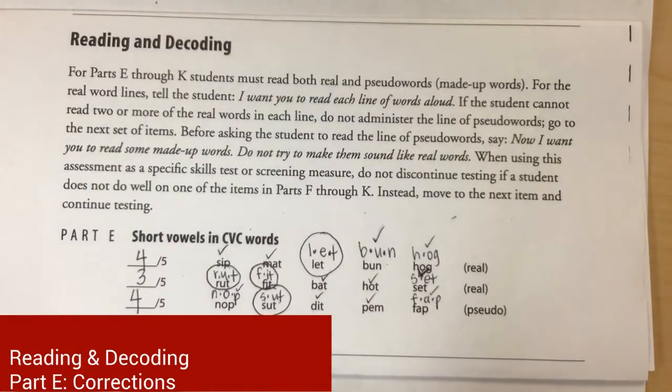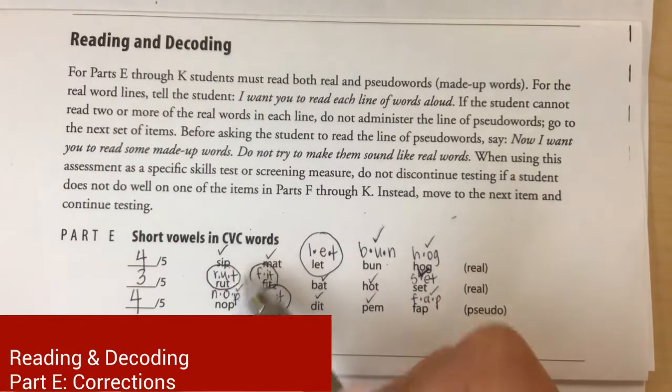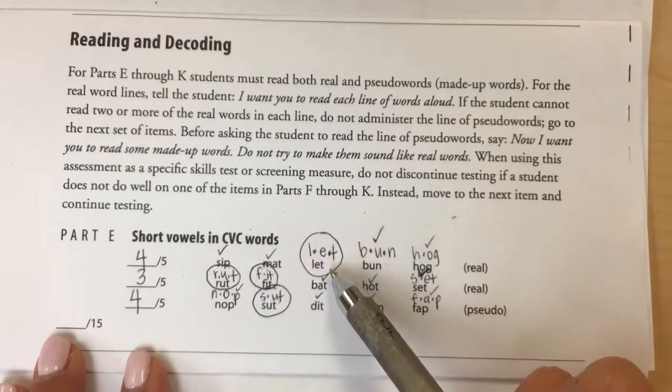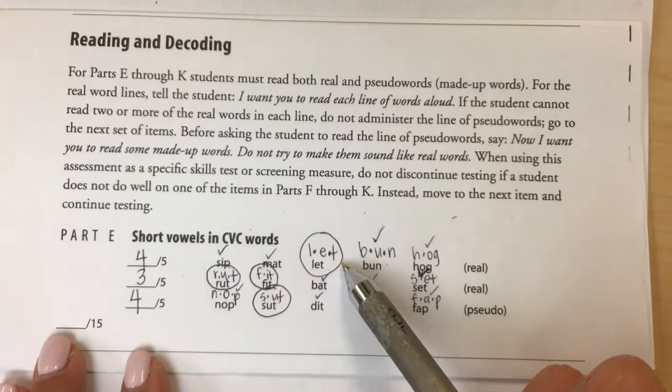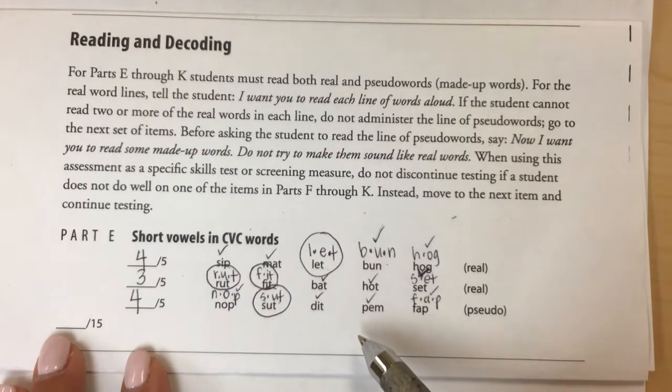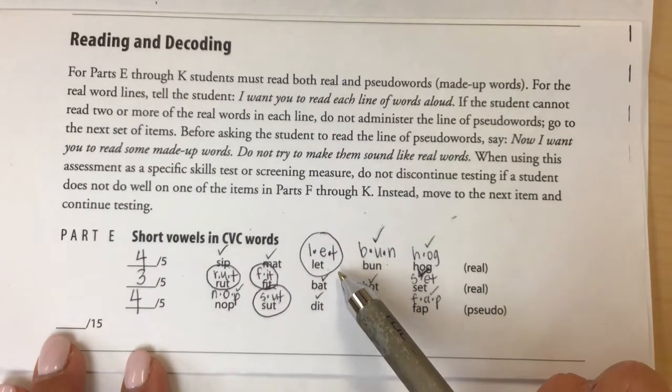In marking Part E for Diane, if she read the whole word, then she got a check mark, which means it's correct and she would get a point. On this word, she said the sound of each letter instead of reading the whole word, so it is not correct and she would not get a point, which is why I circled it.